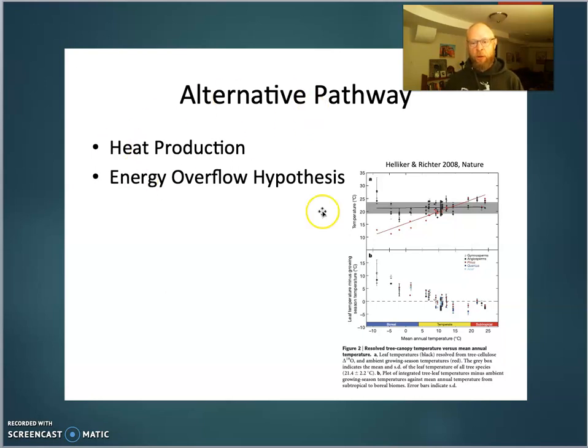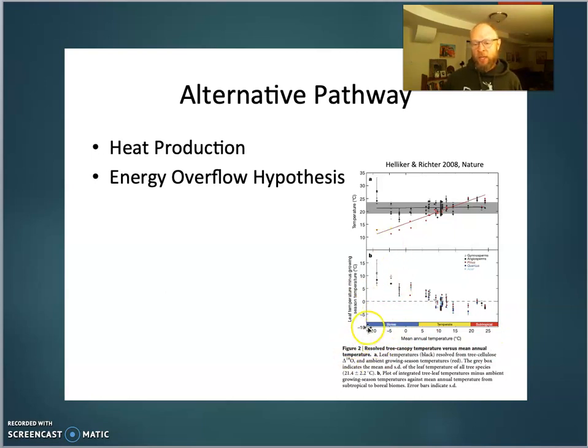Also, again, heat production. And so I just have this figure here of a study where they looked at the average leaf temperature across the globe pretty much. I think it was maybe more North American centric, but we have places in the boreal forest all the way to the subtropics. And so the mean annual temperature of the different ecosystems is on the x-axis.